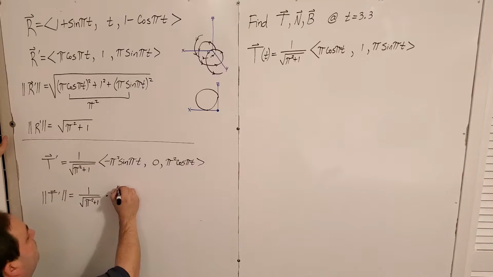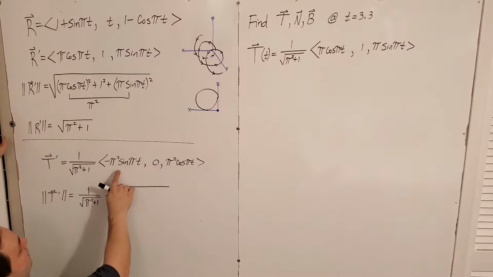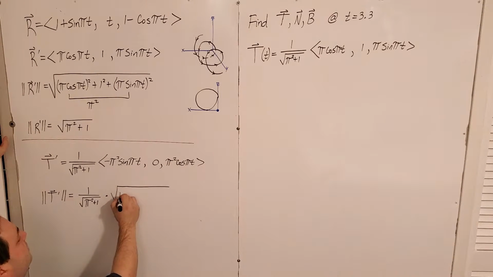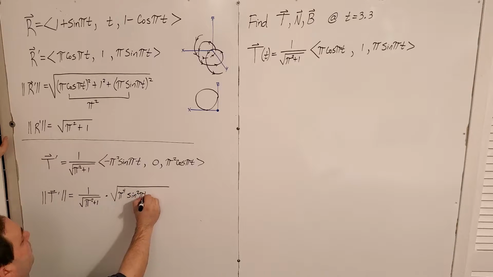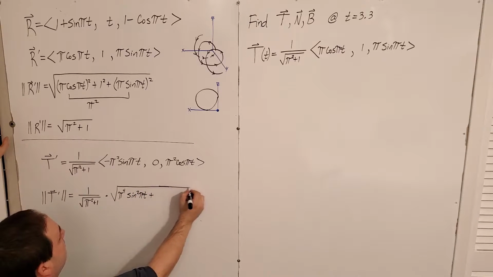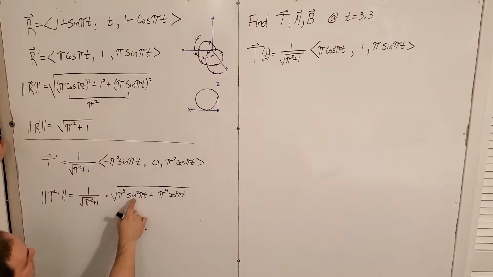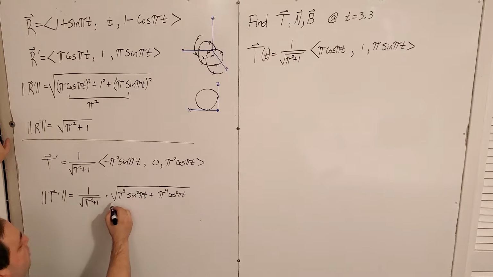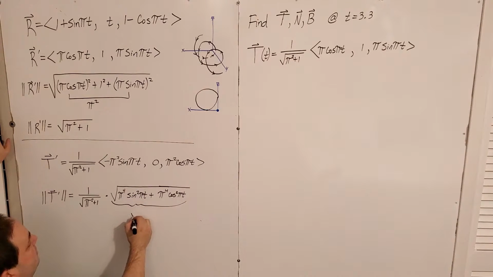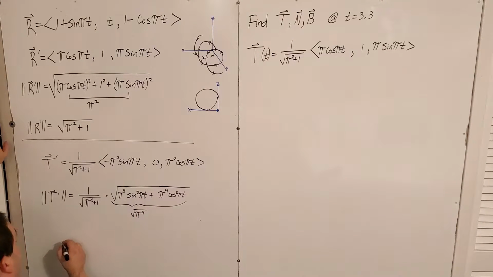So the square root of this squared gives me pi to the 4th sine squared pi t plus pi to the 4th cosine squared pi t. And again, sine squared plus cosine squared gives me the same thing out. And what I end up with in this piece right here is the square root of pi to the 4th, which hopefully is still pi squared.